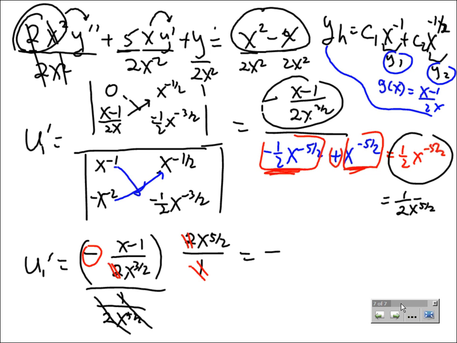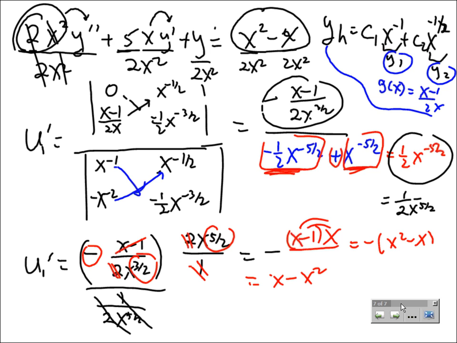Don't worry about dividing by 1. The x minus 1 factor is going to stay. And this power minus that power, 2 and a half minus 1 and a half is 1. So that's U1 prime. It's negative x squared minus x, which happens to be x minus x squared.